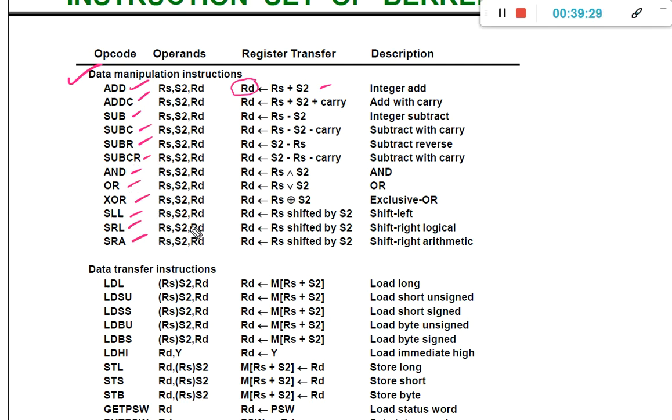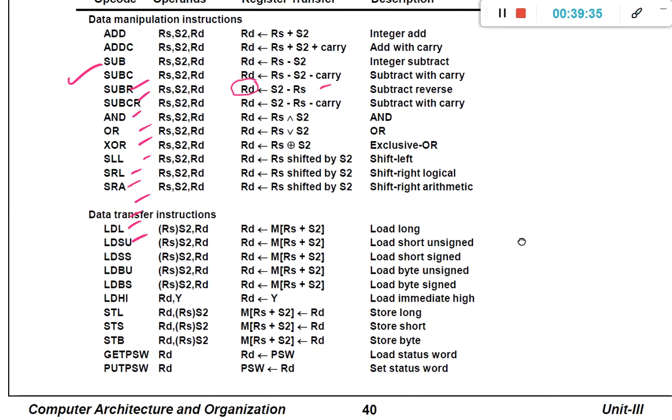And coming to the data transfer instructions, we just need to know what instructions are available in Berkeley RISC-V. We have the load long instruction, load short unsigned instruction, load short signed instruction, load byte unsigned instruction.